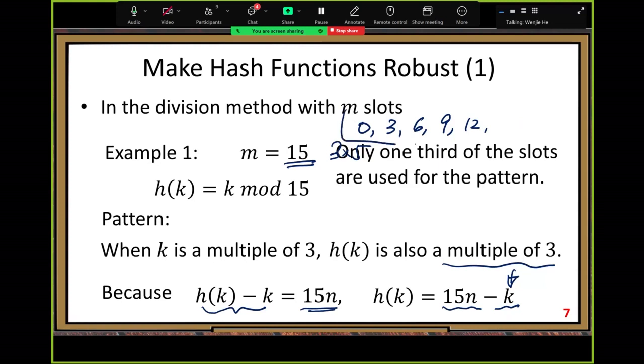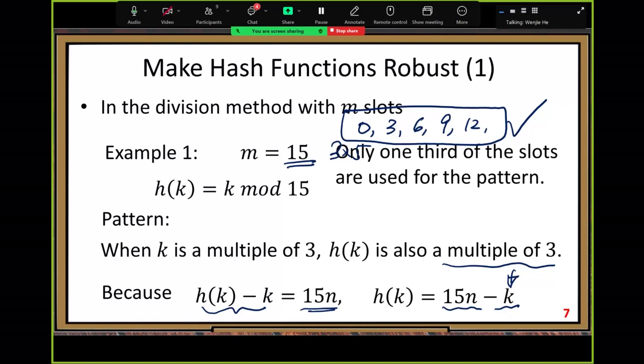Only the slots with these numbers can be used, and the other 2/3, 10 of the 15, you can never map your data to those slots. So you waste 2/3 of the storage space. That means your overall search performance is very slow, very poor.